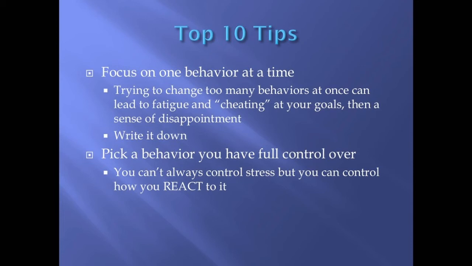What will happen is you have a really great day of eating and you record all your food and you feel really great and you get home and you think, you know what? I did so well today. I'm going to reward myself with a drink, right? It's universal. So you have to choose one thing at a time. You have to break it down. Trying to change too many behaviors at once leads to fatigue, cheating, and disappointment.